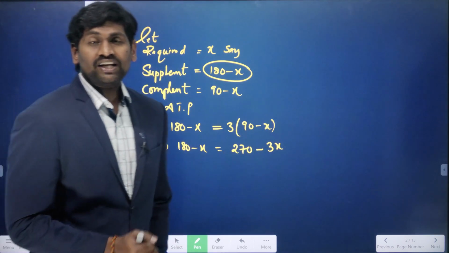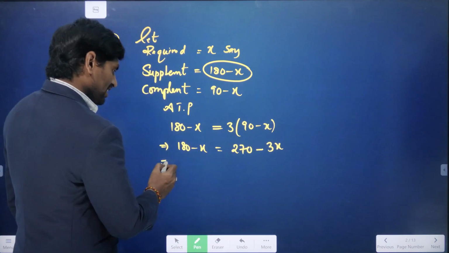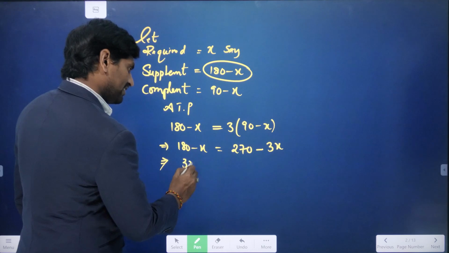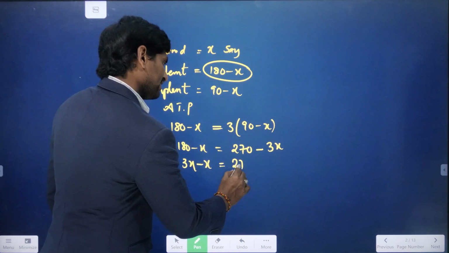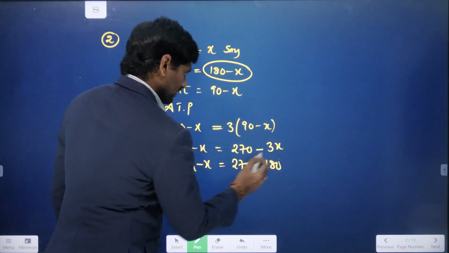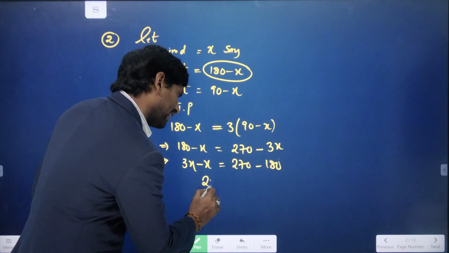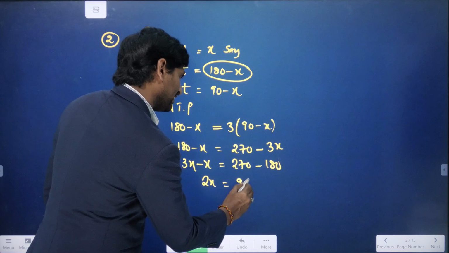Now bring all the variables to one side and all the numericals to the other side. Minus 3x becomes plus 3x, minus x stays as it is, and plus 180 transposes to minus 180. So 3x minus x is 2x, and 270 minus 180 is 90 degrees.